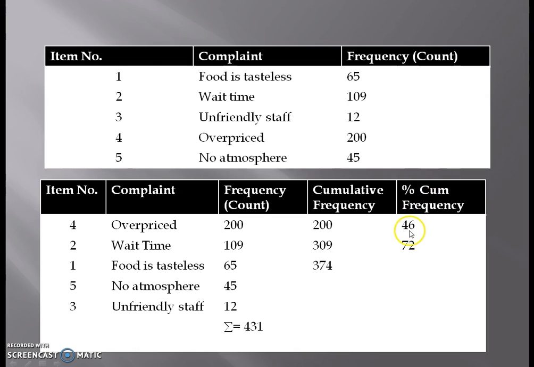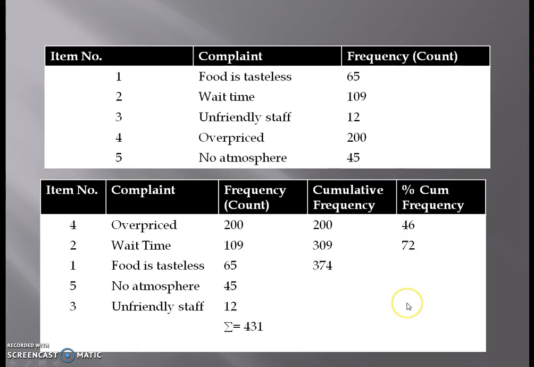Then we move on to find our percentage cumulative frequency, which is basically our cumulative frequency divided by our total frequency multiplied by 100. So 200 divided by 431 multiplied by 100 gives us 46. 309 divided by 431 multiplied by 100 gives us 72.